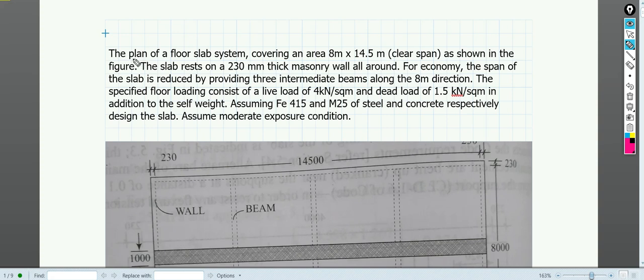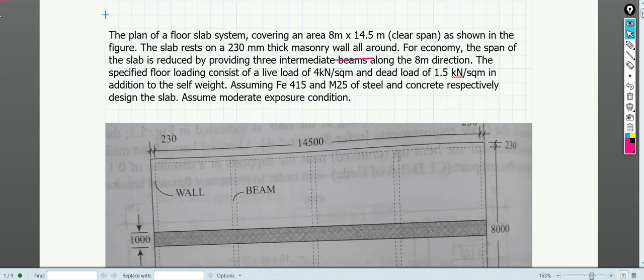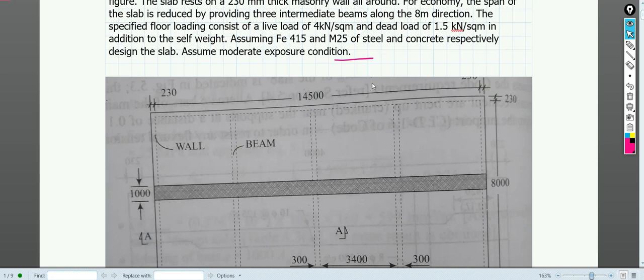So here it is like that. The plan of the floor slab system covering an area of 8 meter by 14.5 meter clear span is shown. So let's see the figure. Yeah, so this is the figure where we have 8 meter along this side and 14.5 meter along the other side.